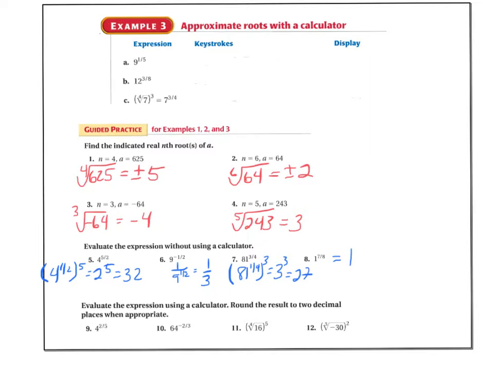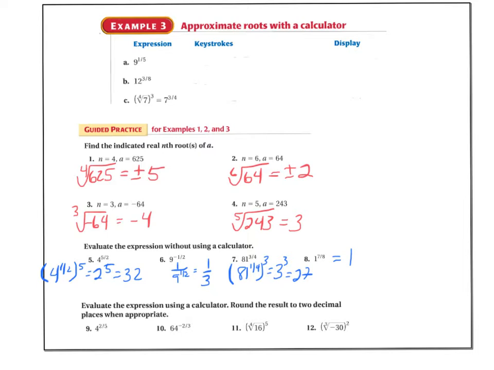And so I believe you would hit, actually let me use 16. You'd hit 16, and then you'd hit that button. And then if we were taking, say, the 4th root of 16, then you would type in the 4 right after it, and then you would get your 2.